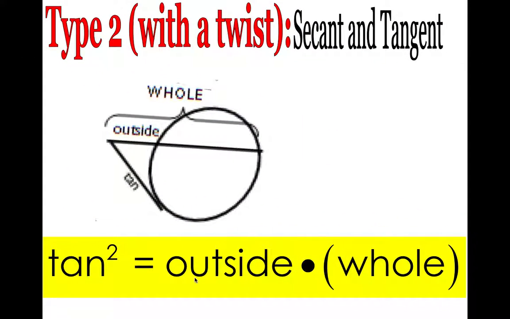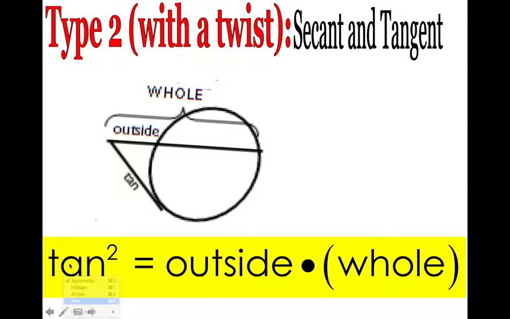Let's talk about the third type now. So the third type, which is type 2 with a twist, is where we have a secant and a tangent. Now, of course, we know that when we have a secant and a tangent, the rule says that we have to take the square of the tangent line. So we take whatever the length of the tangent line is and we square it.